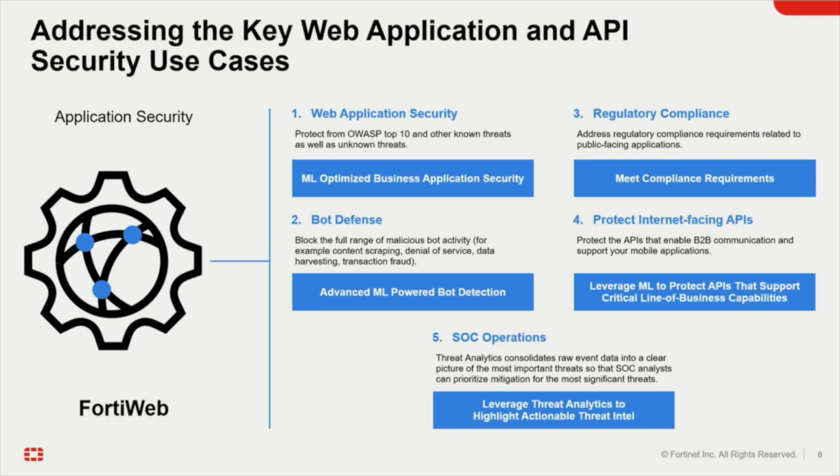Our feature for that is based on what we call FortiWeb, and it supports 5 primary use cases at a high level: web application security, bot defense, regulatory compliance, and then what we're going to talk about today, protecting internet-facing APIs, and then also we'll talk about SOC operations.